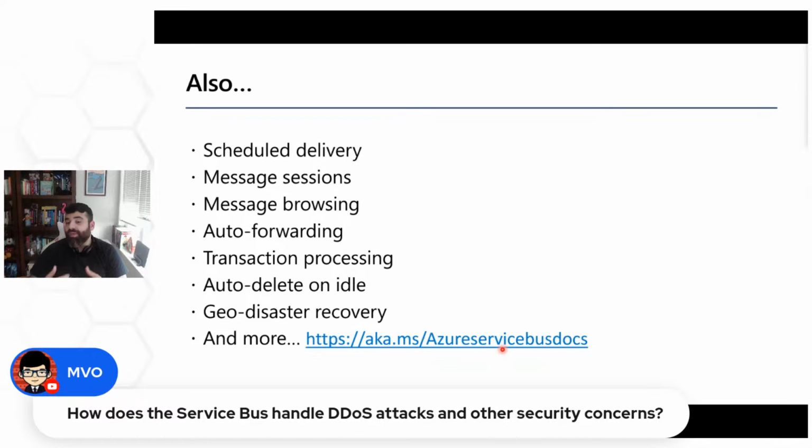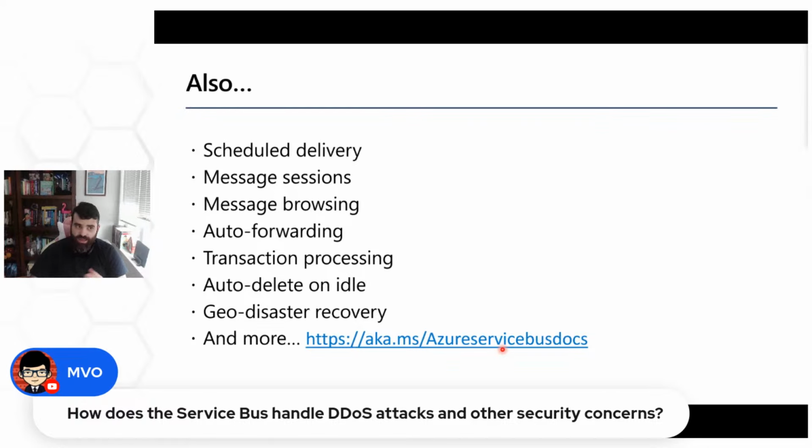So it may incapacitate your Service Bus at some point, but it's not going to let all of those messages come in, right? So I would always recommend using it with other services like Web Application Firewall, Azure Defender, other services that can help you mitigate these issues by understanding where that malicious traffic is coming from and block it at a network security group level, or web application firewall level, or application gateway level, however you want to use it.